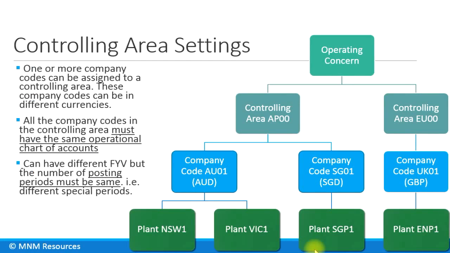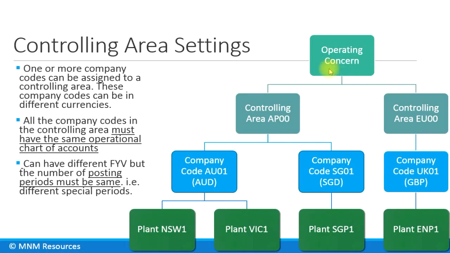Let's look at the settings of the controlling area. As I mentioned earlier, one or more controlling areas can be assigned to an operating concern. In this diagram I have assigned controlling area AP00 and controlling area EU00 to one operating concern. An operating concern is also a 4-character ID.